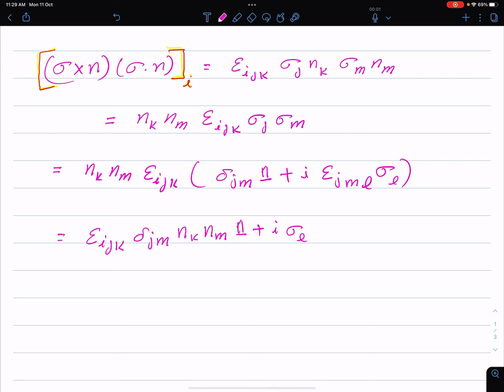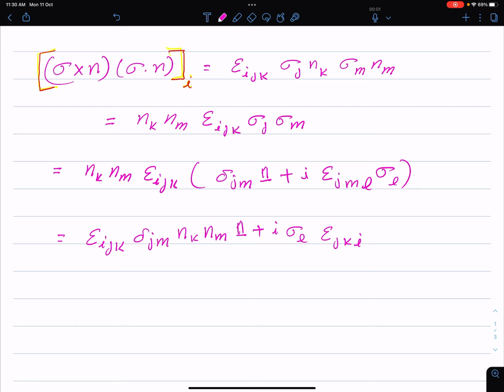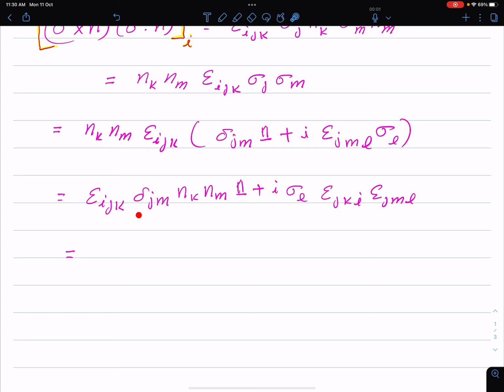epsilon i j k, epsilon j m l. So if you want to use the identity for the multiplication of two Levi-Civita symbols, I can write down the first one as epsilon j k i, because j is common in both, and epsilon j m l, right? So in this term, you can see that j is equal to m, only this term exists.